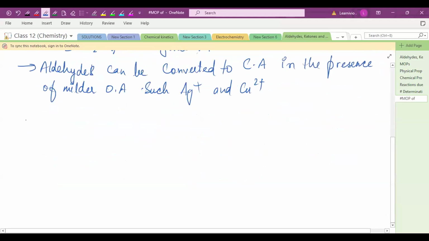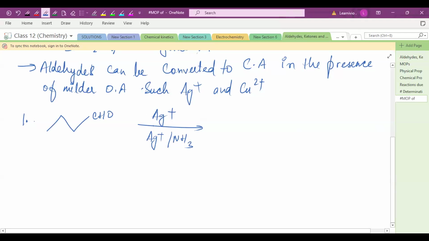For example, suppose we have aldehyde, CHO group. Okay, and if you are using silver ammoniacal nitrate, so silver ammoniacal nitrate will give you Ag plus ion, right? और आप इसे किसके साथ use कर सकते हो? With ammonia. Okay, basically silver ammoniacal nitrate हम use करते हैं, so that's why I've written Ag plus with NH3. So this is a milder oxidizing agent.